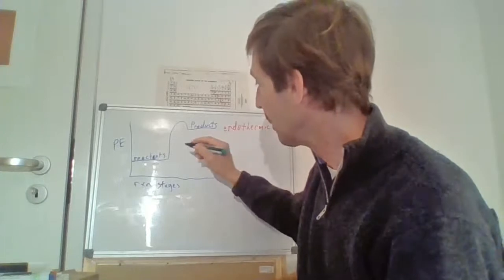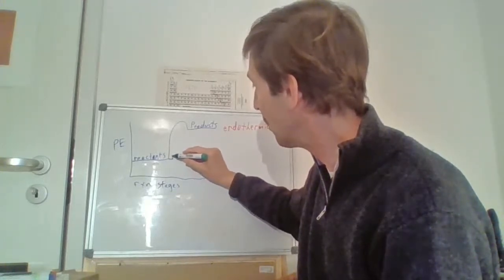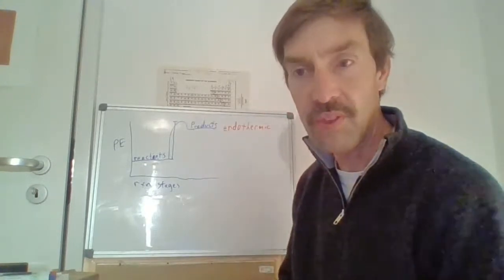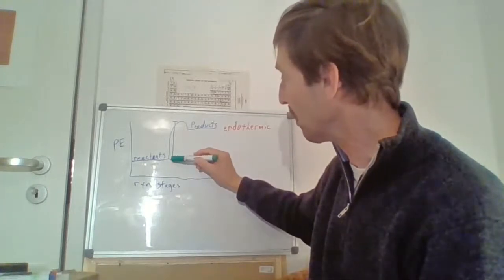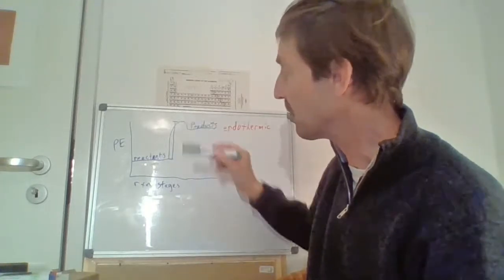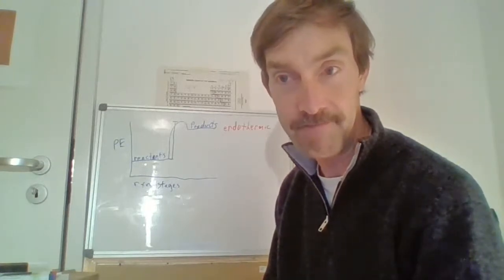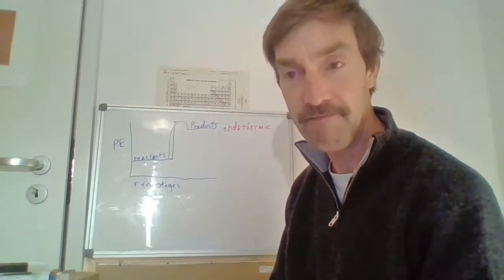From here to here is called the energy. What's this line called? From here, the reactants, up to the top of this hill. The energy. Check your notes from last week if you were here.